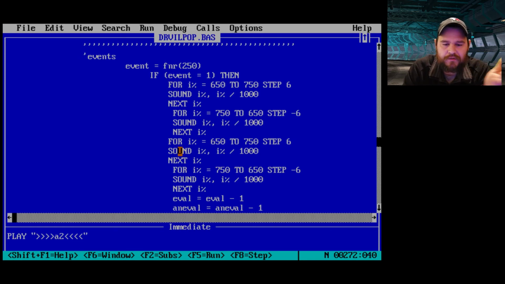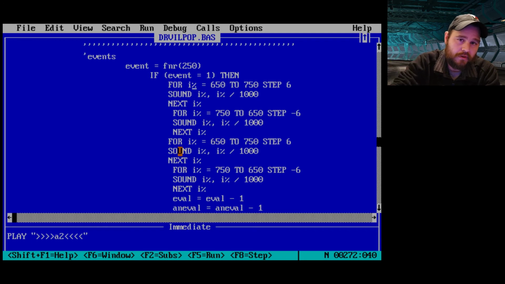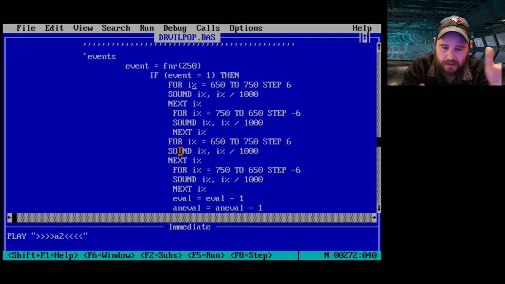A % sign after a variable just means that that variable is an integer. It's not going to have decimals. If you try and throw decimals in there, QBasic will ignore them and keep only the integer part. So you're going to go from 650 to 750, counting by 6.